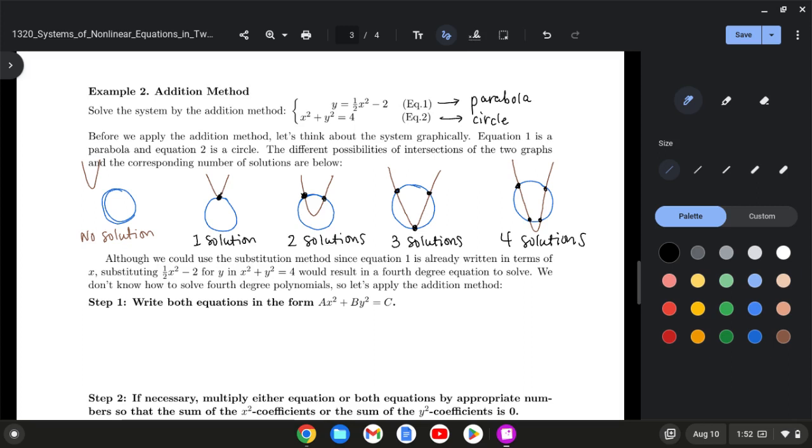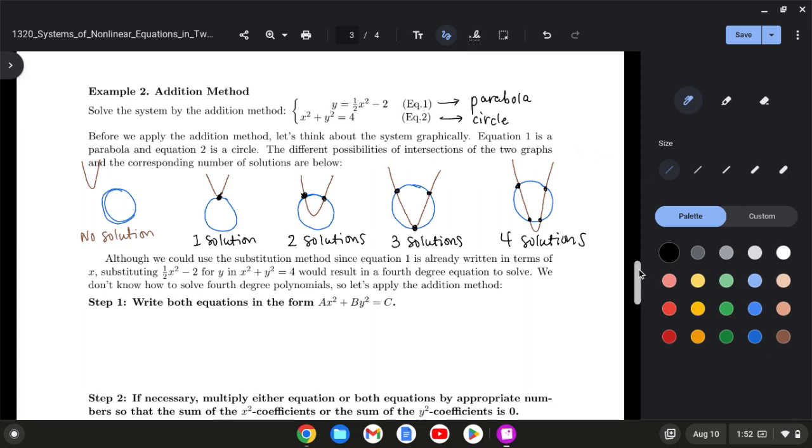We've only talked about factoring by grouping for those, and that's only for special cases. So if substituting an expression results in some crazy degree polynomial or equation to solve, it's best to use this addition method.